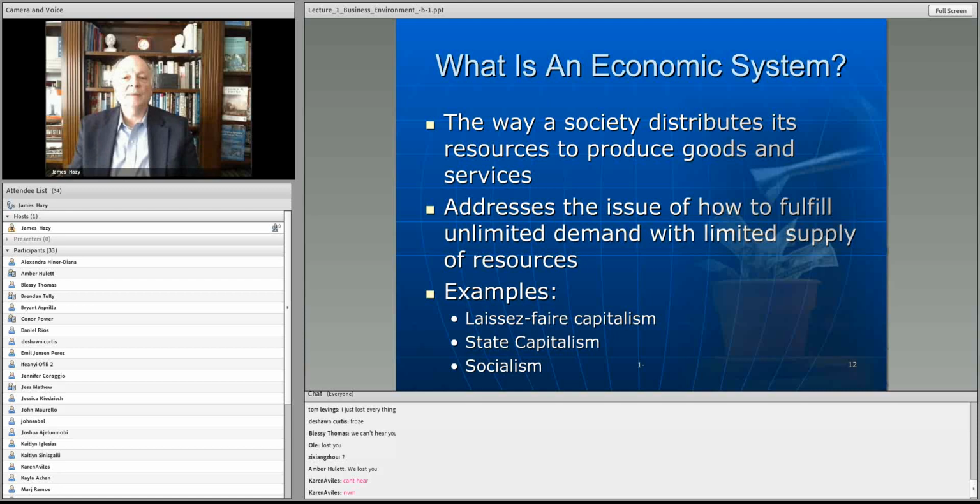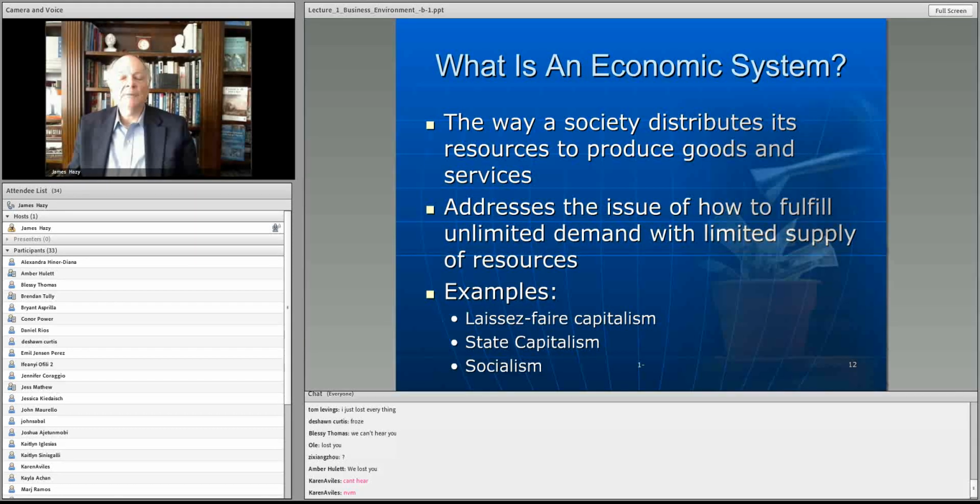It's how you go about solving the problem of distributing all that stuff that we talked about in the last two charts. How do you decide that? A couple of terms that you hear thrown out are like laissez-faire capitalism. Laissez-faire means you stand away and watch it work.